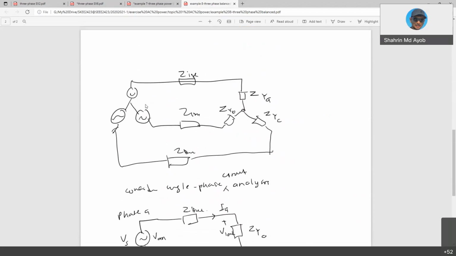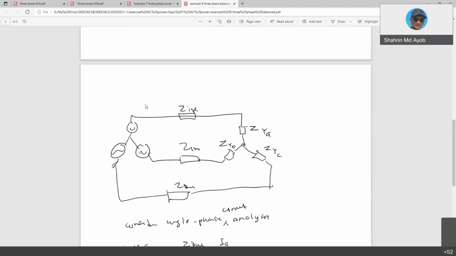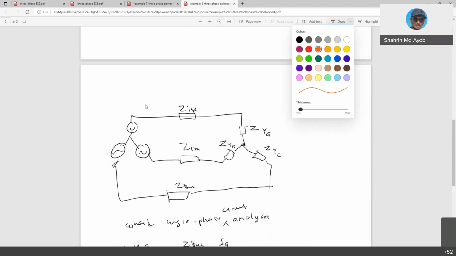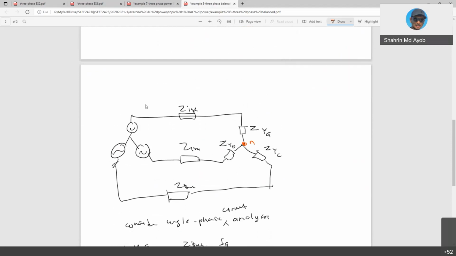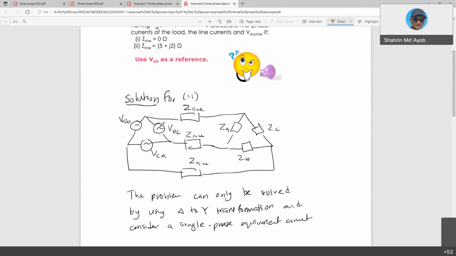Why do we need to convert? Because we want to have the neutral point, the reference node. For delta, there is no reference node. We have AB, BC, and CA. There is no neutral point.